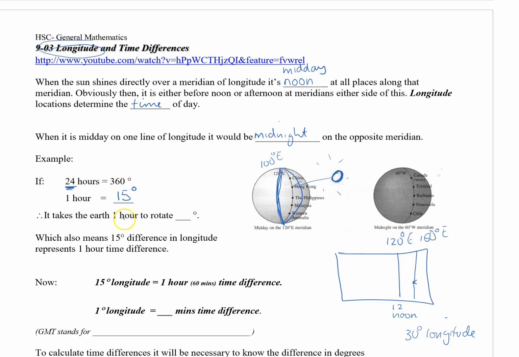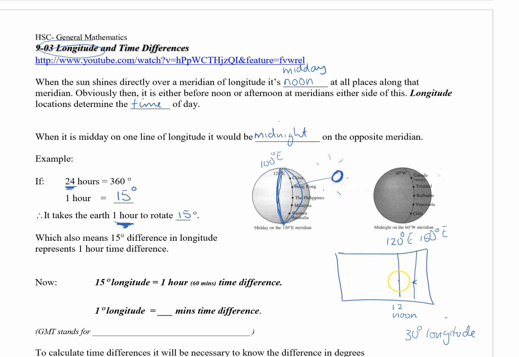It takes the Earth 1 hour to rotate 15 degrees. So for every 15 degrees difference in longitude, there is a 1 hour difference in time.